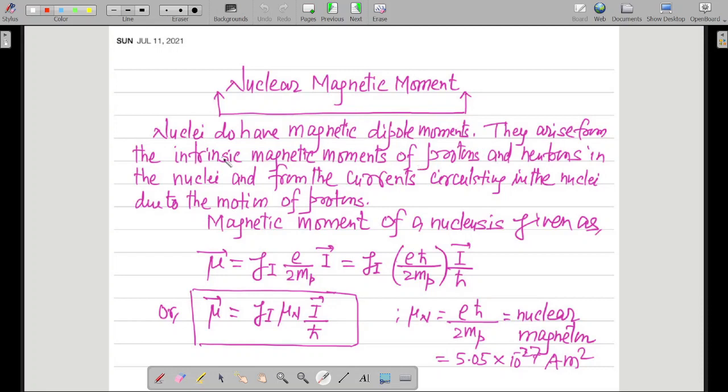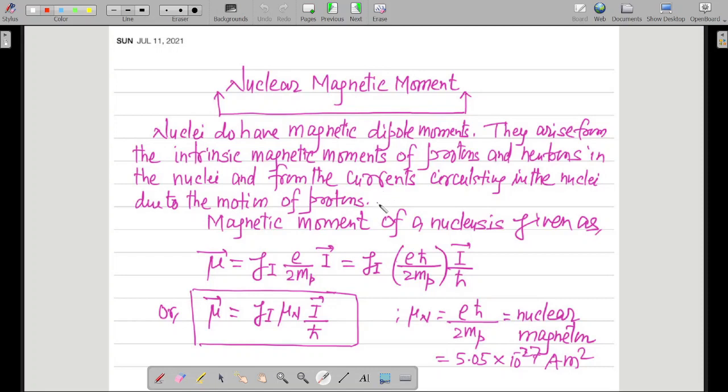They arise from intrinsic magnetic moments of protons and neutrons in the nuclei and from the current circulating in the nuclei due to motion of protons.